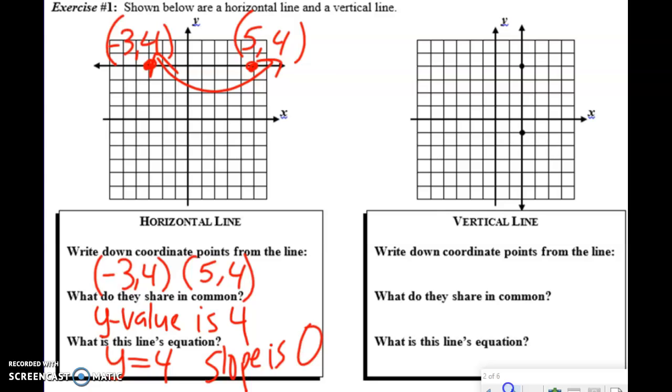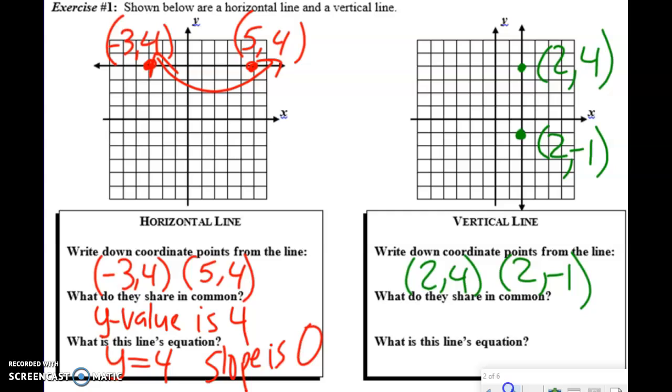Next line is a vertical line. Same thing. Let's take 2 points. We could have chosen any 2 points, but I decided to go with these 2. Let's look at the point 2, down 1, which is -1, and this point 2 and up 4. So the 2 points are (2, 4) and (2, -1). Looking at those, do you see anything that they may have in common? 2's, right?